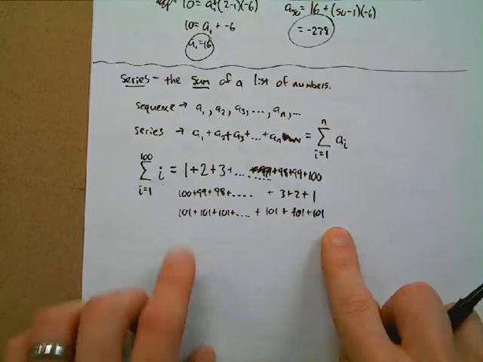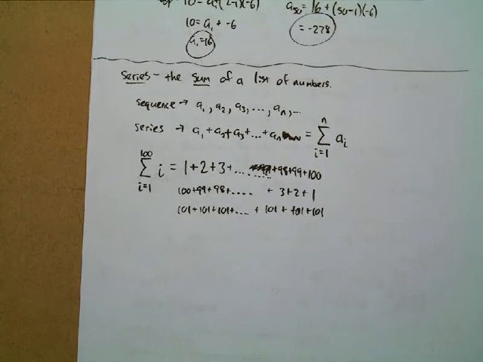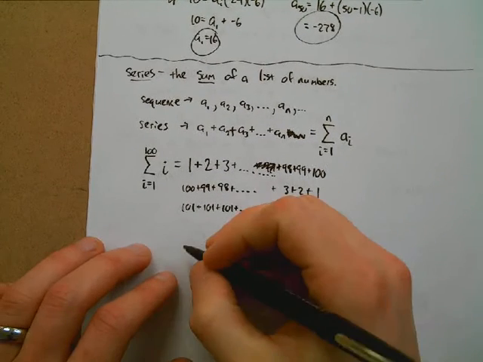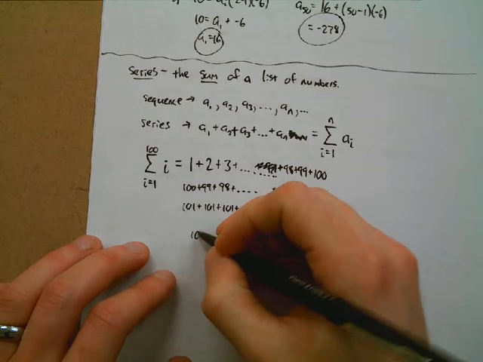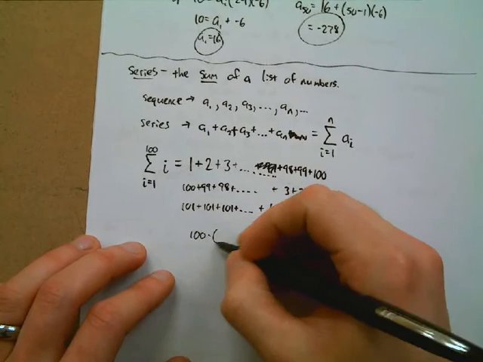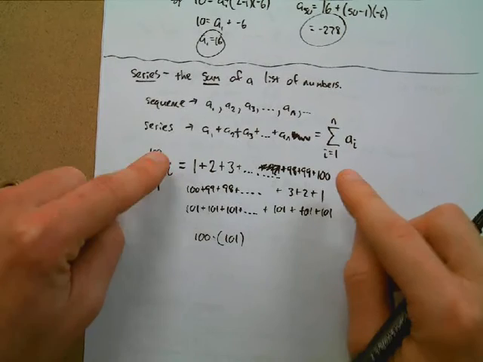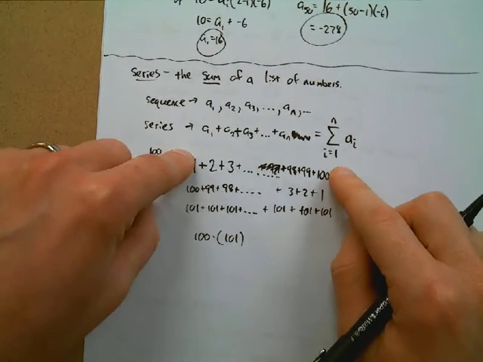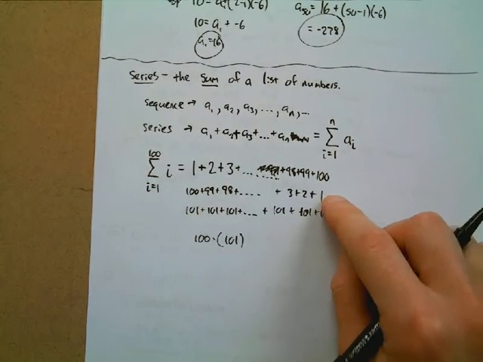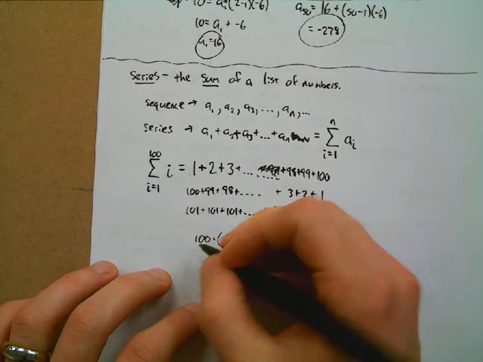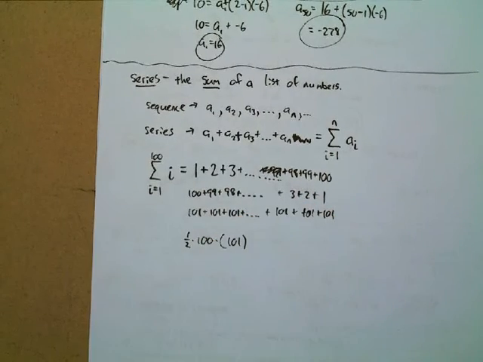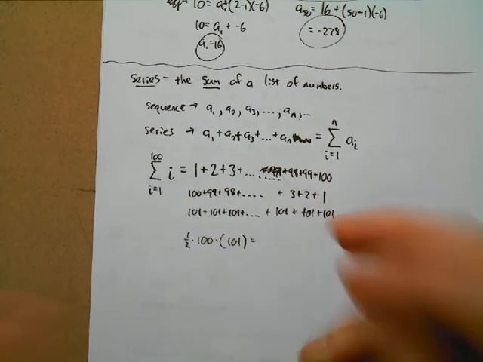That is the sum of that series. And in fact, in general, the formula for an arithmetic series is n over 2, n being the number of terms, times a sub 1 plus a sub n.